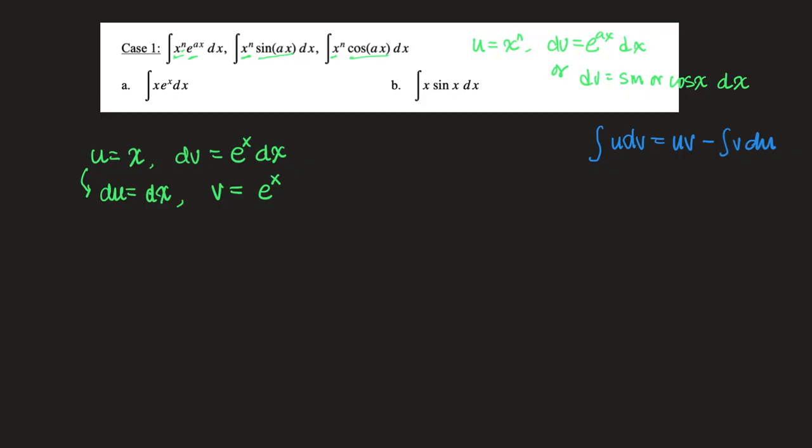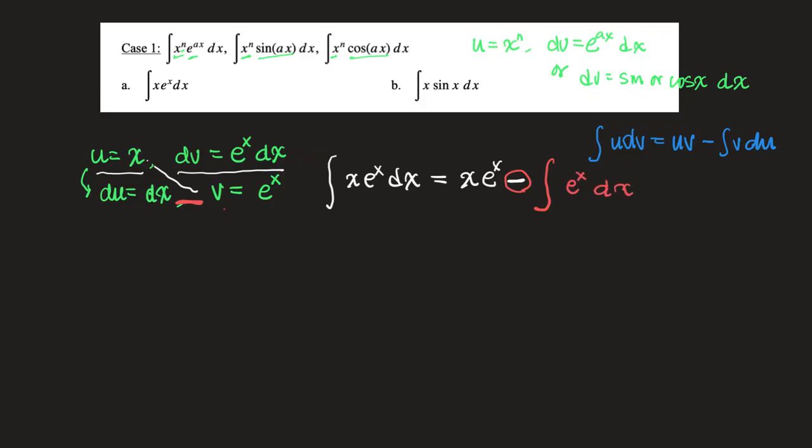Now using this formula, the integral of u dv, we have the integral of x e to the x dx equals uv, so x e to the x, minus, make sure this is minus, the integral of v du, e to the x dx.